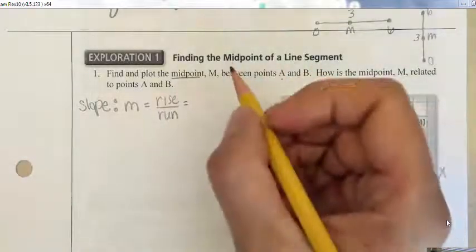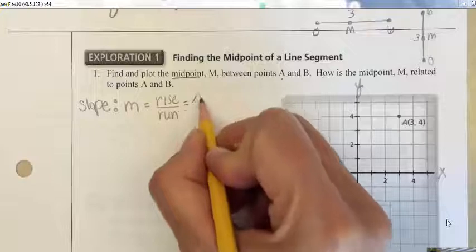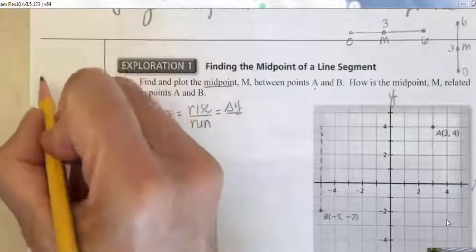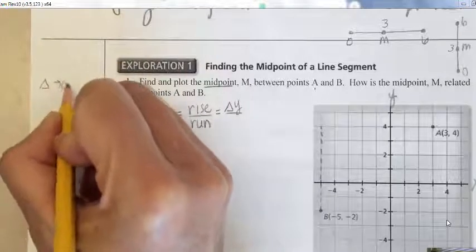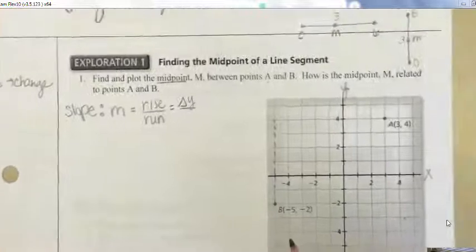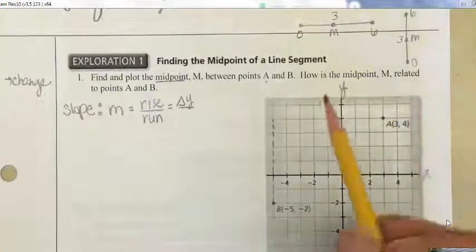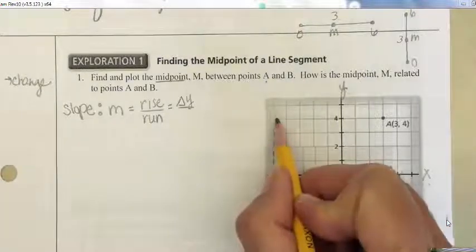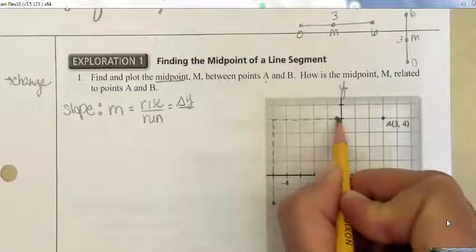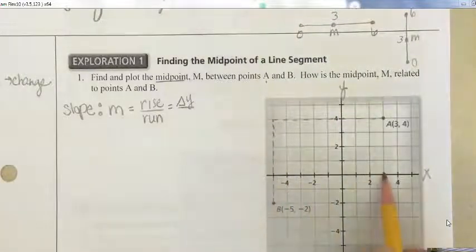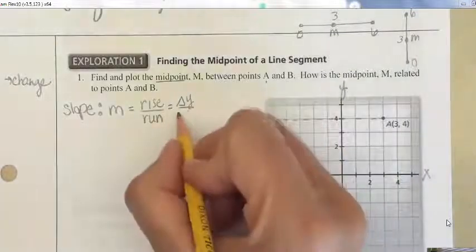So your rise is really this change in y. This little delta, that's a Greek letter, and that means change. I'm going to use it often. So that would give you your change in y, and now your change in x is the other part of this. It's that horizontal piece that goes from -5 on the x-axis to +3 on the x-axis, and that's going to give you your change in x.